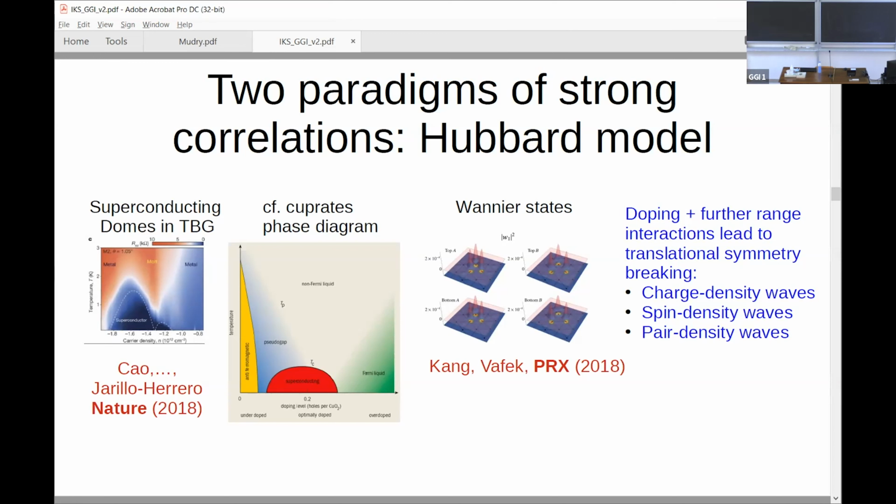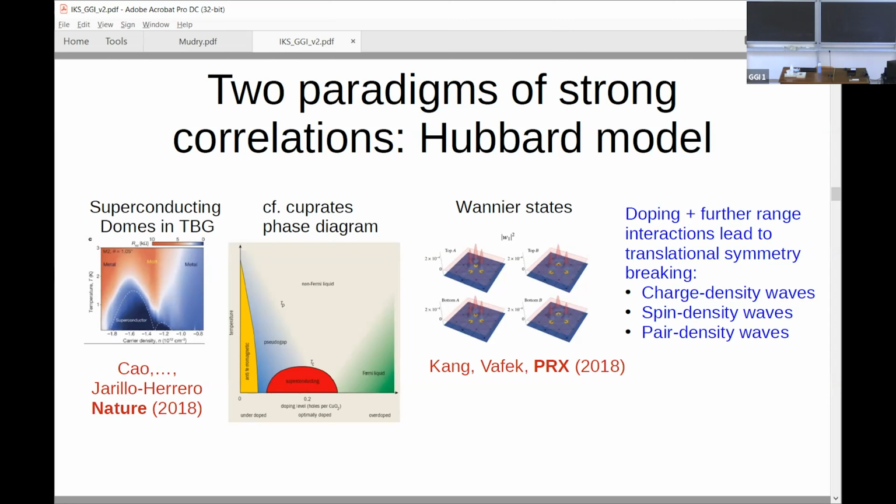You can write down some tight binding model with some Wannier states, but in this work, they showed that the simplest Hubbard model you can write down has these Wannier orbitals that are localized on these three centers of this triangular lattice, right? And so this is going to mean that your Hubbard model is not just going to include some on-site interaction term, it's going to have some further range interaction terms as well.